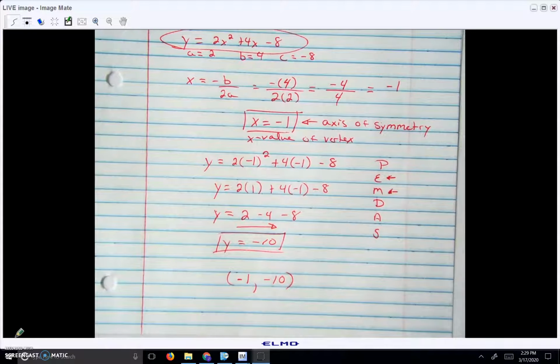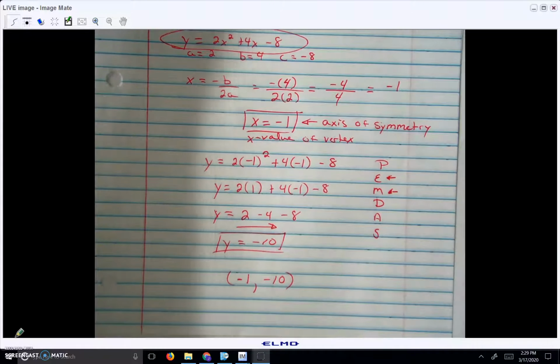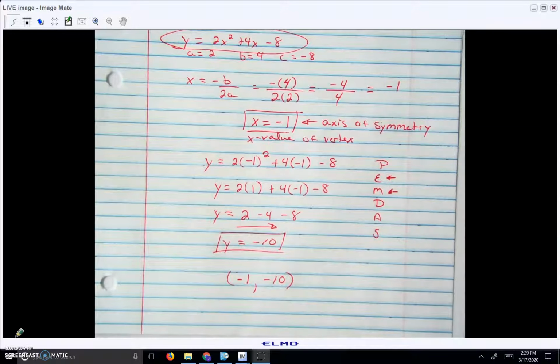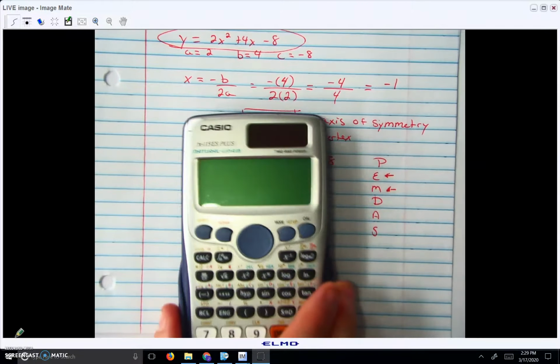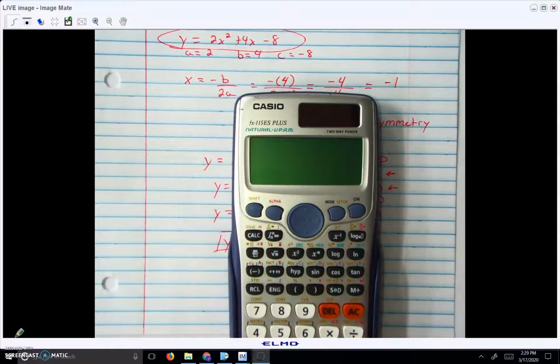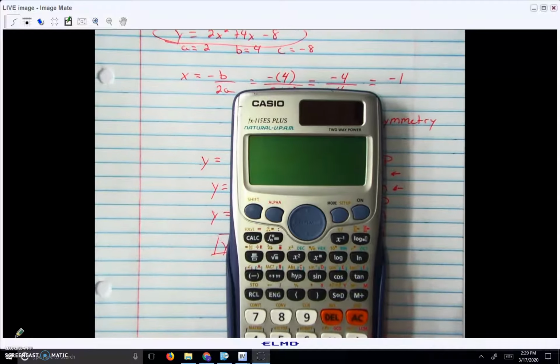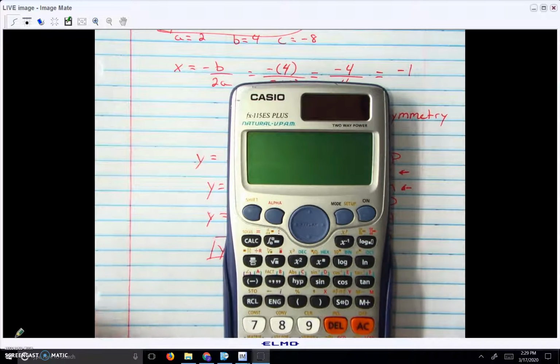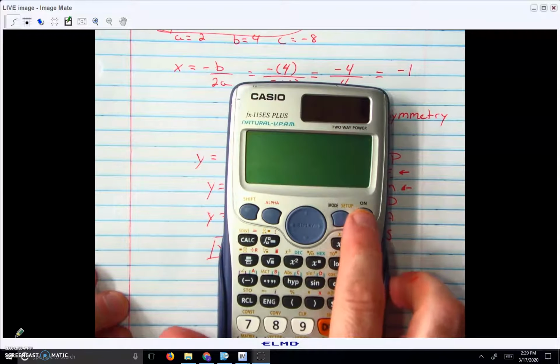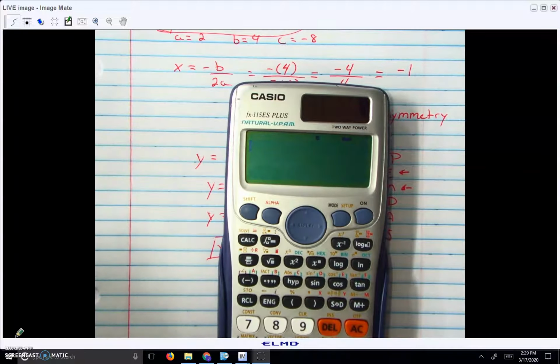So here's the thing. There's a shortcut on your calculator. We've actually already shown you the shortcut. So if you have this calculator, the Casio FX 115 ES Plus, I'm going to show you that shortcut now. Remember that when we did this before, we talked about finding the zeros, finding the x-intercepts of the function using the calculator.